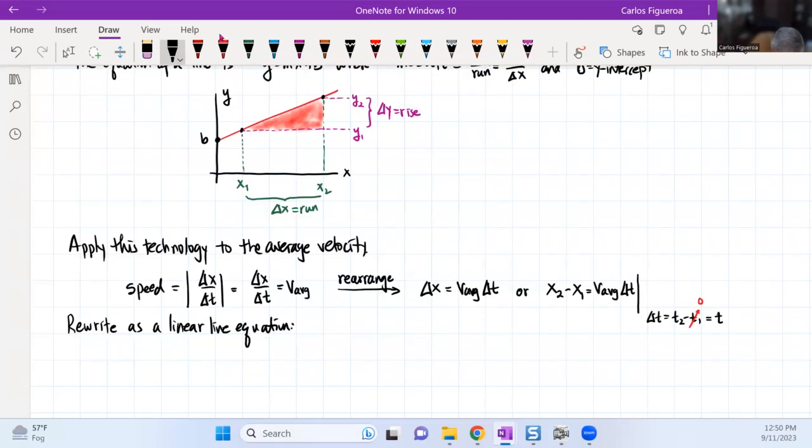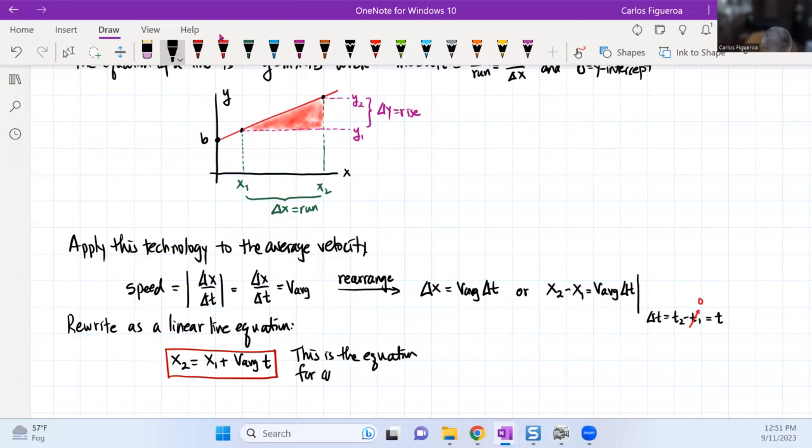We get that x2 is equal to x1 plus V average times t. And this is what we're interested in right here. This is the equation for constant velocity.